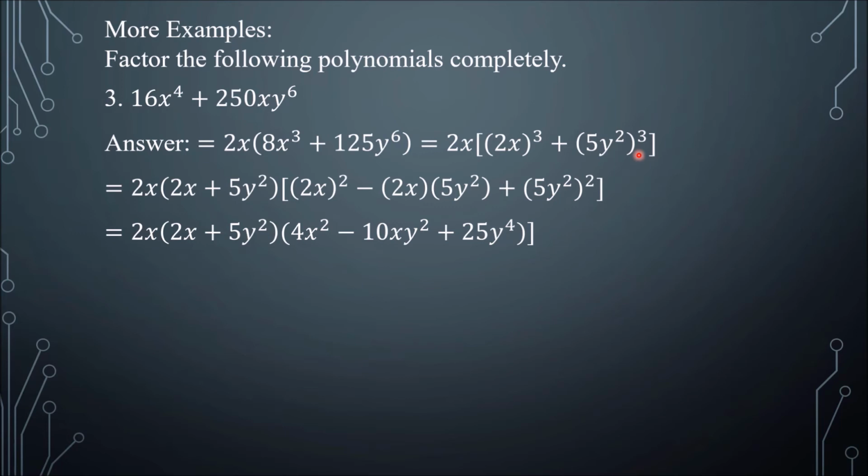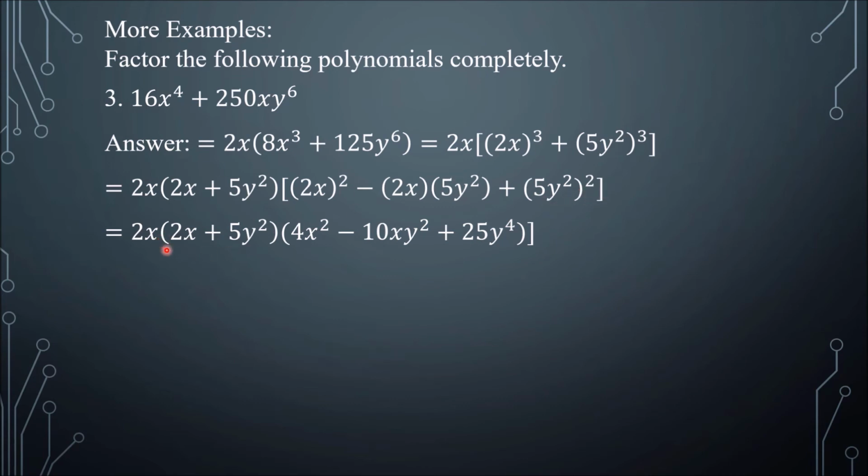Now, following general form number 1, we have 2x, the first term, and the second term 5y squared. So that's a plus b. Now since this is plus, this is minus, and then 2x squared minus 2x times 5y squared, that's ab, or a times b, plus b squared, 5y squared squared.